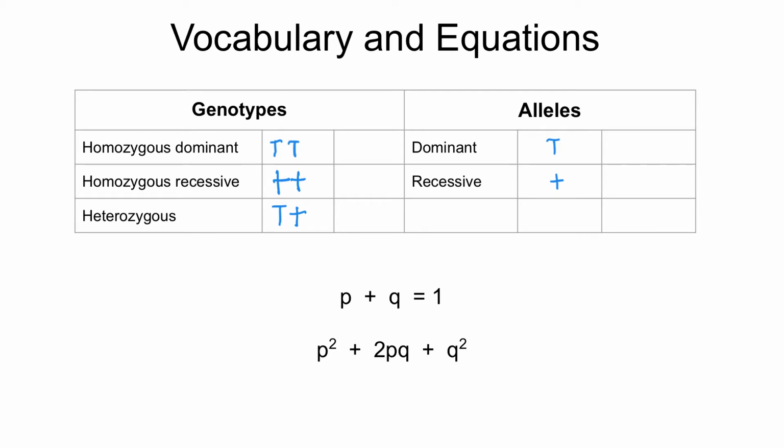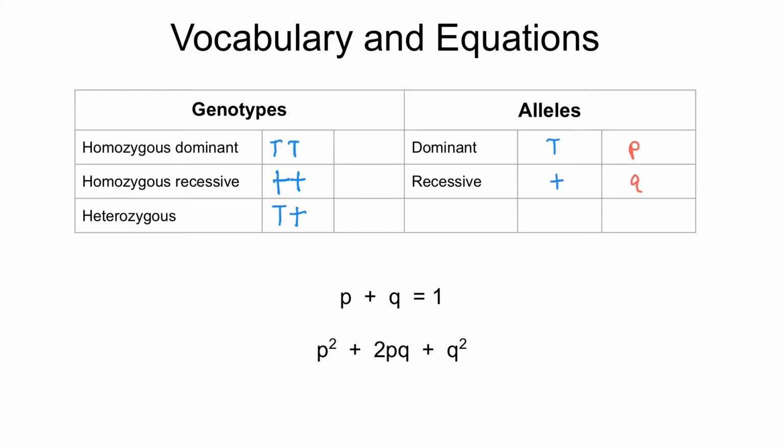Now, let's look down here at our equations. There are two equations you can use to solve these problems, and the one I like to use first is just p plus q equals 1. So what do p and q stand for? Well, p always represents the dominant allele, and q always represents the recessive allele.